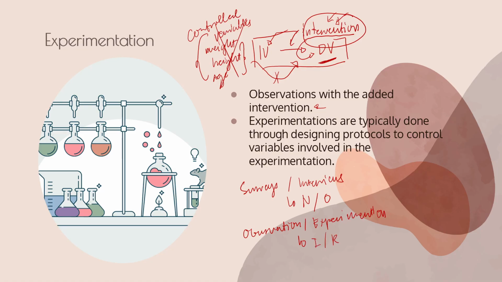Okay, so that is the reason why when you conduct surveys or interviews, there is typically a high sample size requirement. When you do observations and experimentations on the other end, our samples are not as important to be high. Instead, we need samples that meet our test requirements.